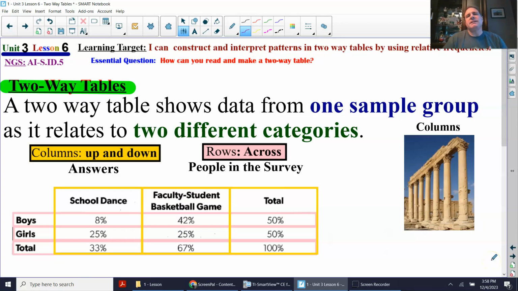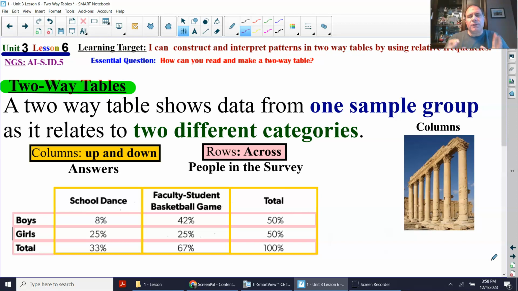We're talking about two-way tables. We're talking about data that shows one sample group as it relates to two different categories. This is really statistics, and this is always a survey being asked of kids or homerooms or students or adults or whatever it is, about something that they like or they don't like.